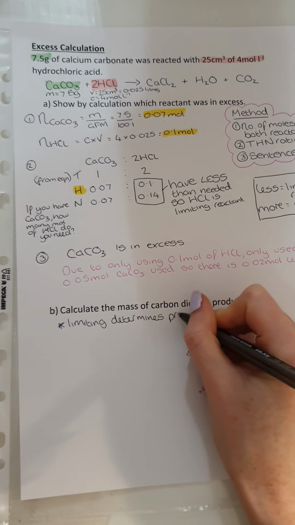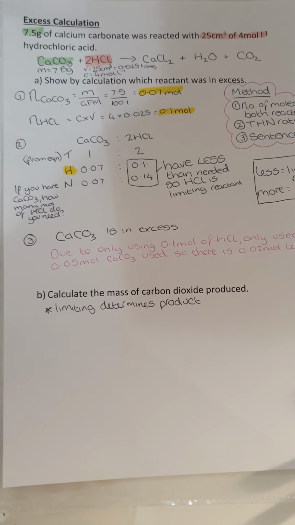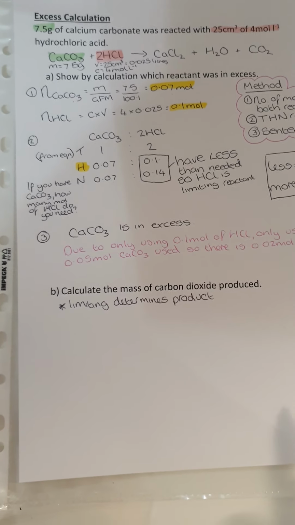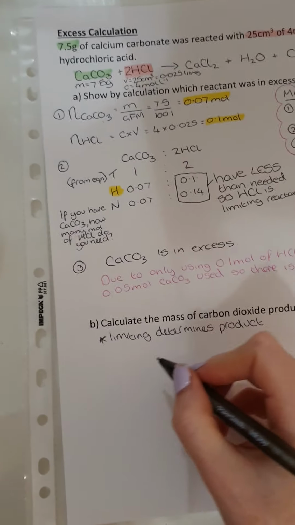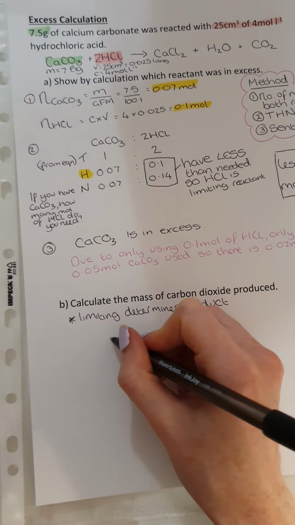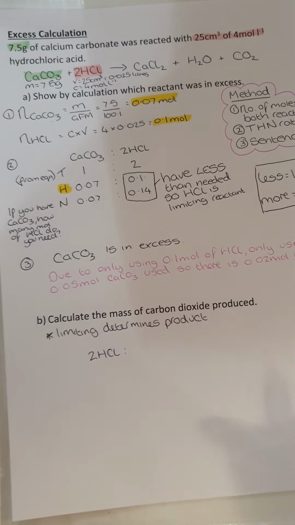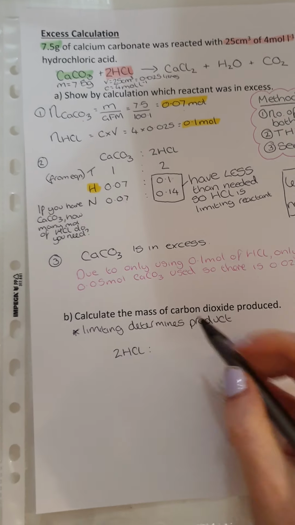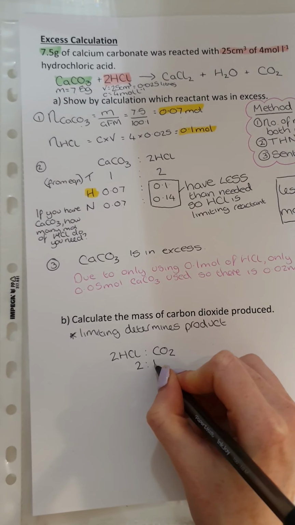Because if you have ran out of something, you can no longer make your product. We've ran out of our HCl. So in this bit, this is a little bit easier. You compare your limiting reactant to the product you want to know about. So 2 HCl from the equation compared to CO2. That is a 2-to-1 ratio.